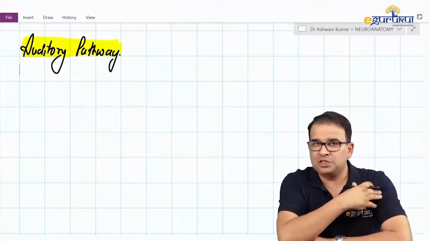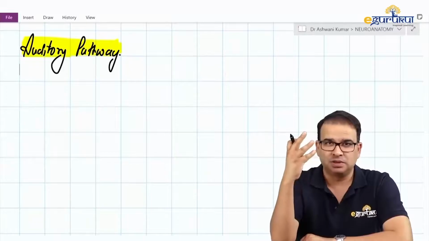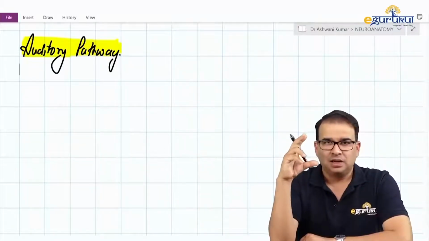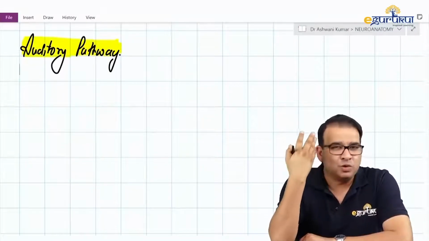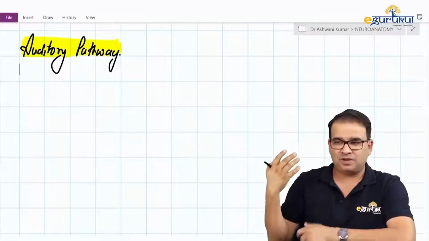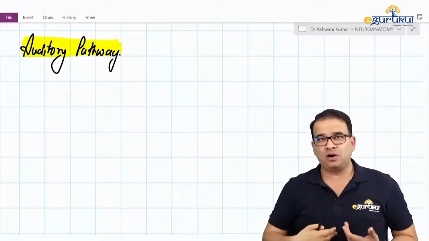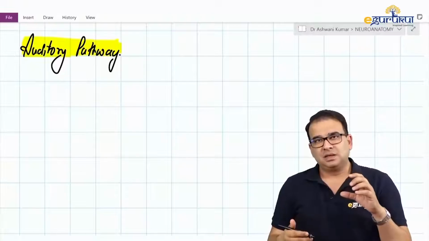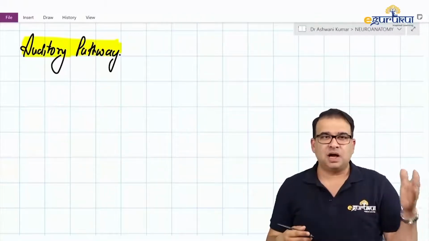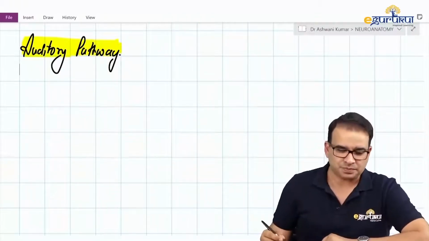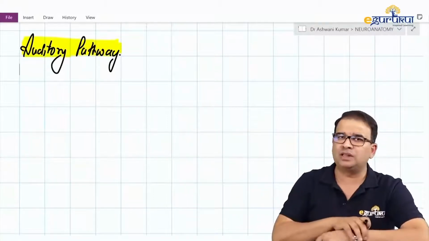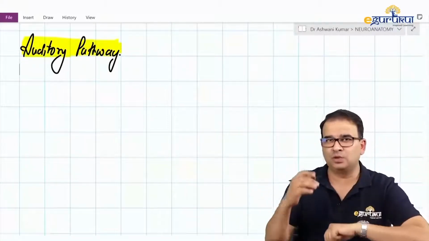The auditory pathway has a four order neuron system. Although it begins from the ear and goes into the brain, so it doesn't have to travel a distance like the tracts from the spinal cord do, still the number of order neurons is more in the auditory pathway. So first we're going to draw the plot for the auditory pathway, and then we'll see where those order neurons are.